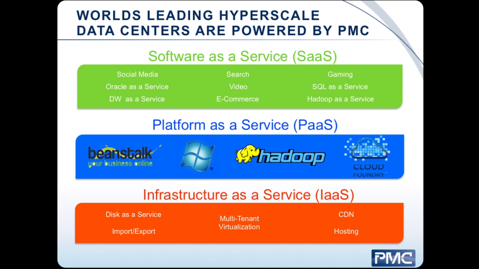We're in three of the top three multi-tenant virtualization deployments in the world, the top three storage as a service, and we've done content delivery network applications. And the top three platform as a service data centers in the world use PMC technology.